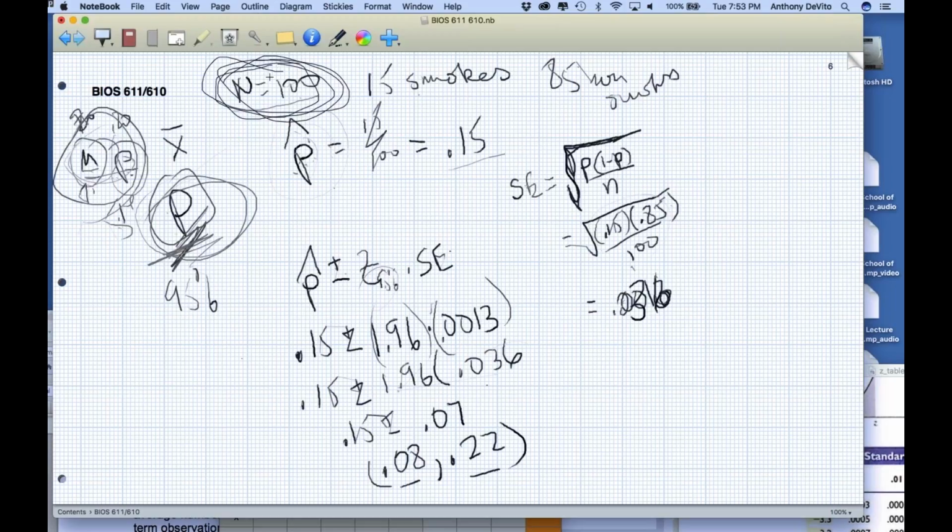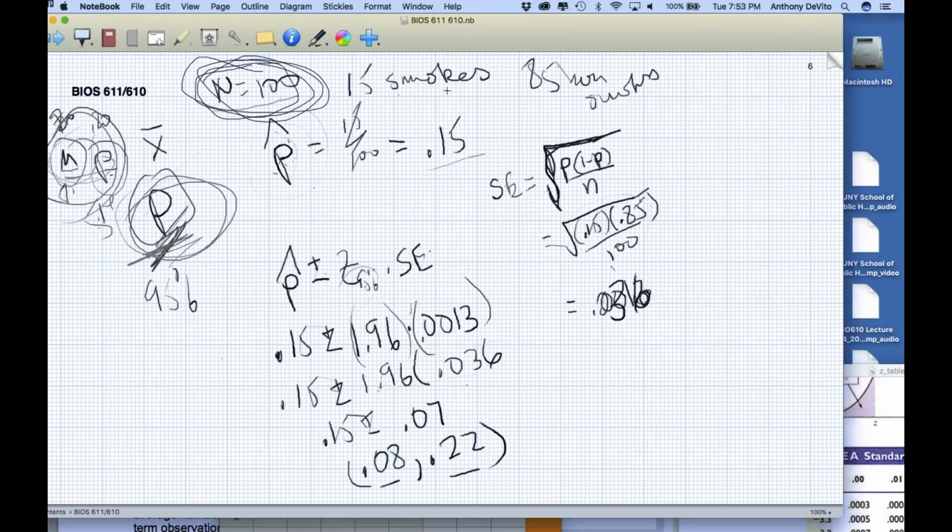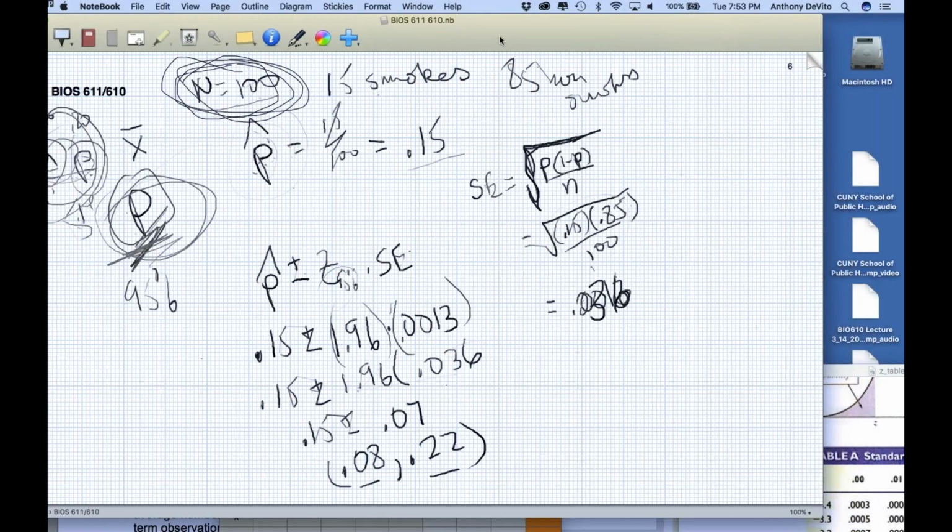The other rule that we have is that we can't have either side of this, the successes, the smokers, versus the non-smokers, being less than 5. So 100 times, what did we say, 0.15, right? 100 times 0.15 is 15. So our n times p is 15. That's greater than 5.